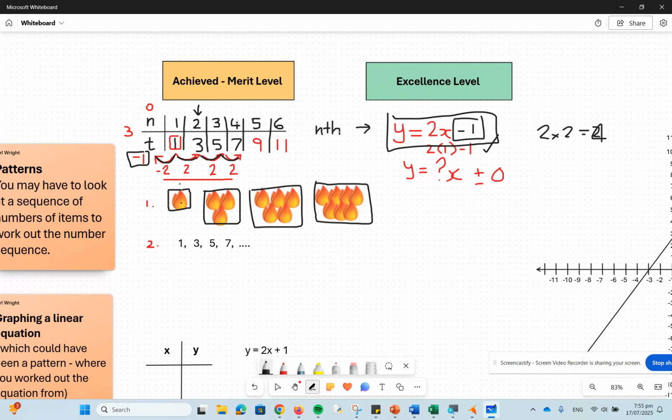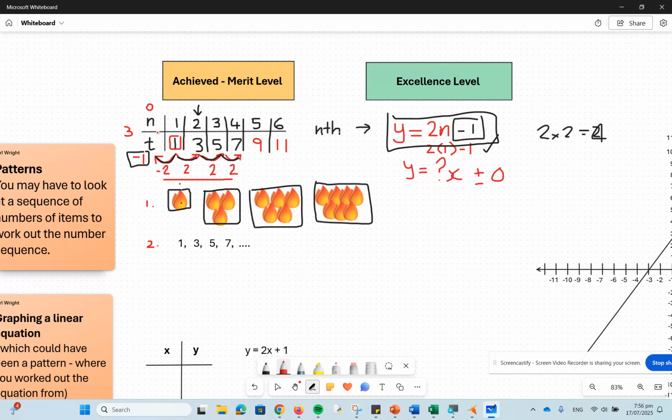I could have gone 2 times 4 and then found out how to get to this number here. Any of these numbers along the top I could have used instead of x. It might have been better for me, instead of using x, for you to understand that I could have used n.